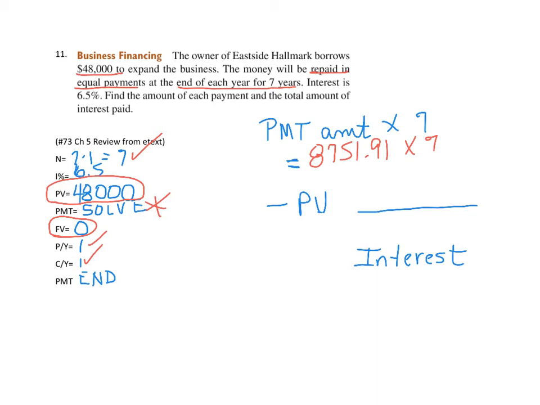So the total amount of the payments is actually going to be $61,263 and 37 cents. And from that, we're going to subtract the present value, or the amount of the money we got out of the loan and will repay in the loan.